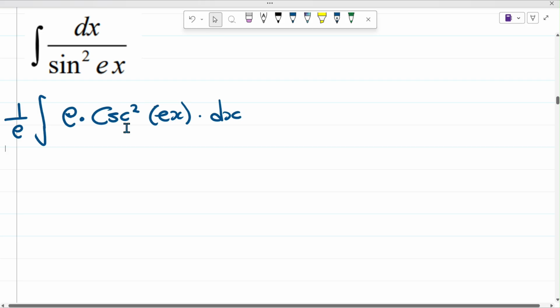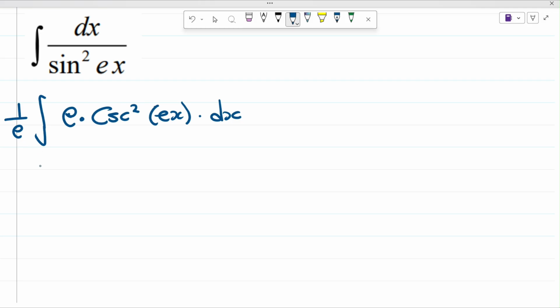What is it? It was negative cot, right? So negative cot was differentiated there for you to get positive cosec squared. So then you take whatever is outside the integral there to your answer.